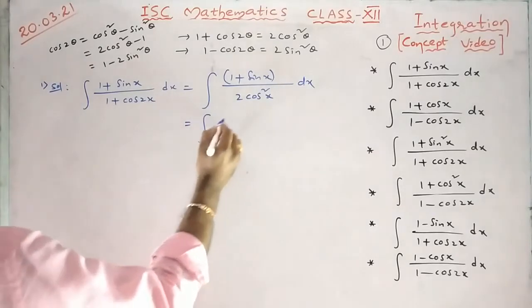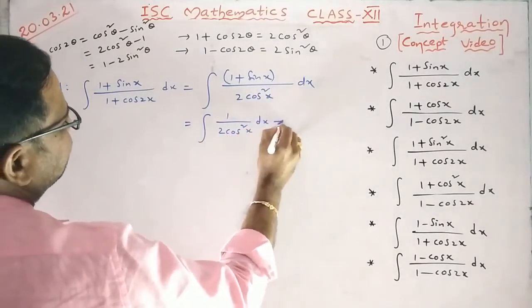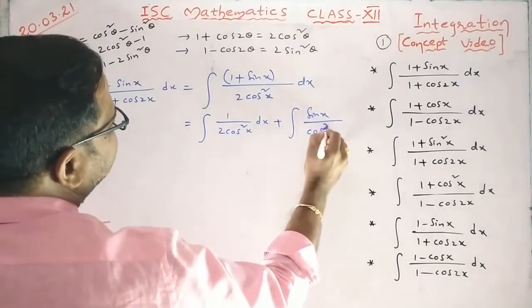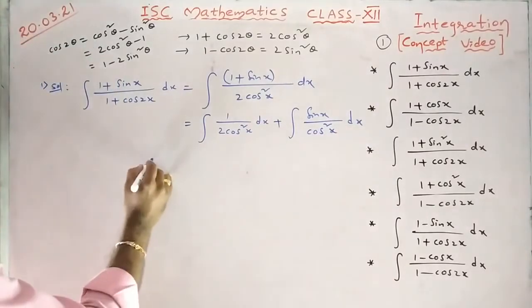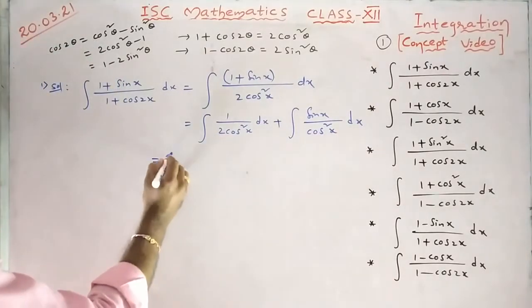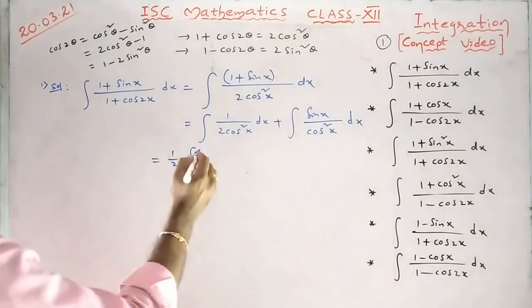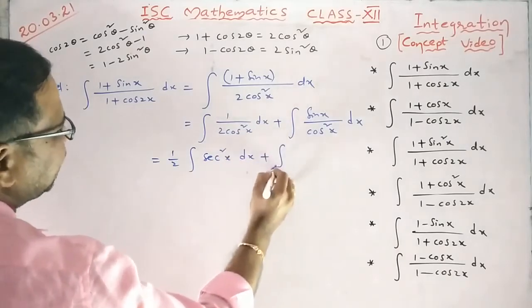So this I can write 1 by 2 integral 1 by cos square x dx plus integral sin x by cos square x dx. We can split that way. What is 1 by cos square? Right, secant square. 1 by 2, keep it outside since it is constant. So we can write secant square x dx plus integral.